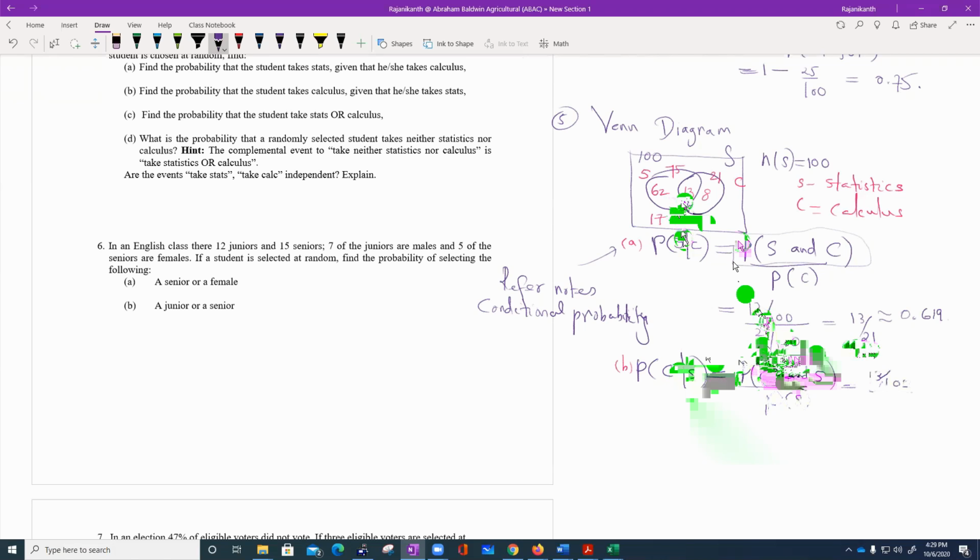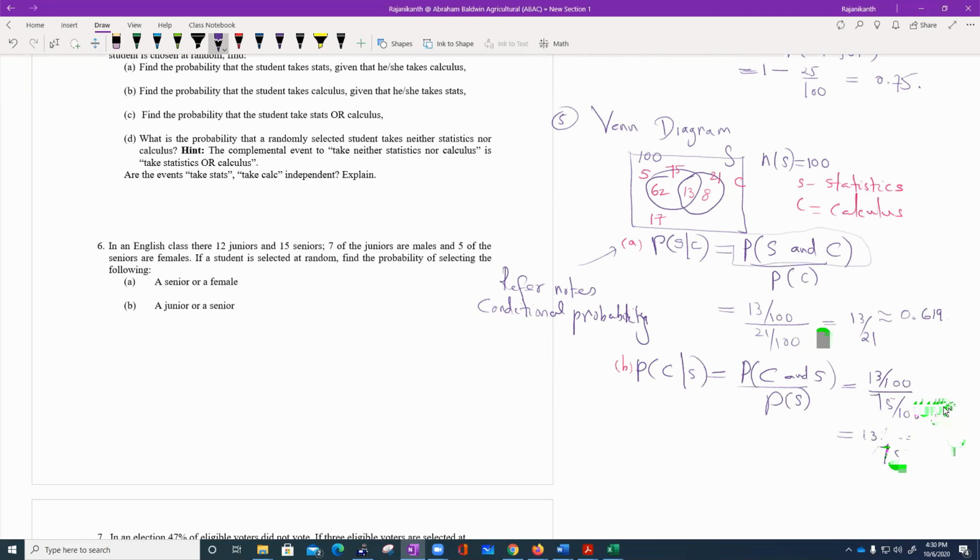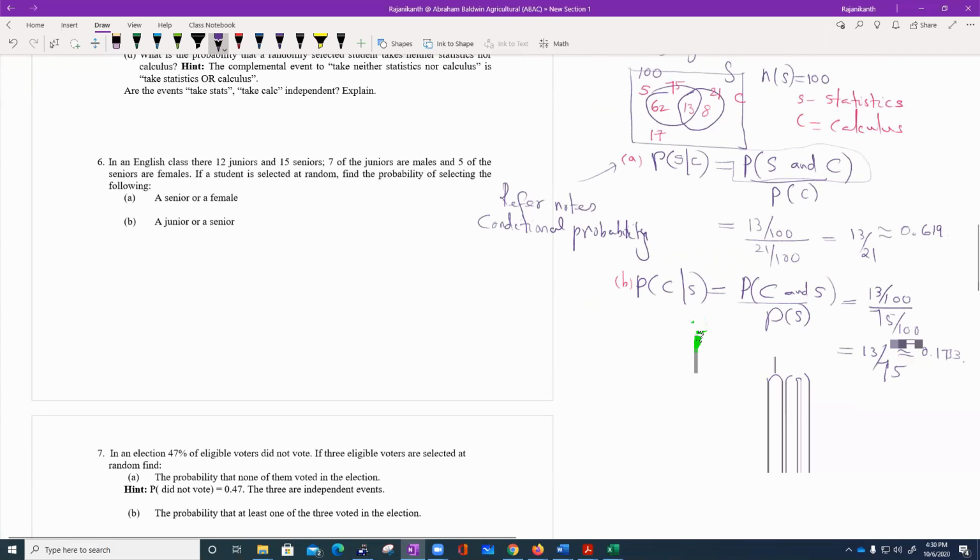The numerator doesn't change, but the denominator now changes. The probability of statistics is simply the statistics circle, which is 75 out of 100 students. That is 13 over 75, which is approximately 0.1733.